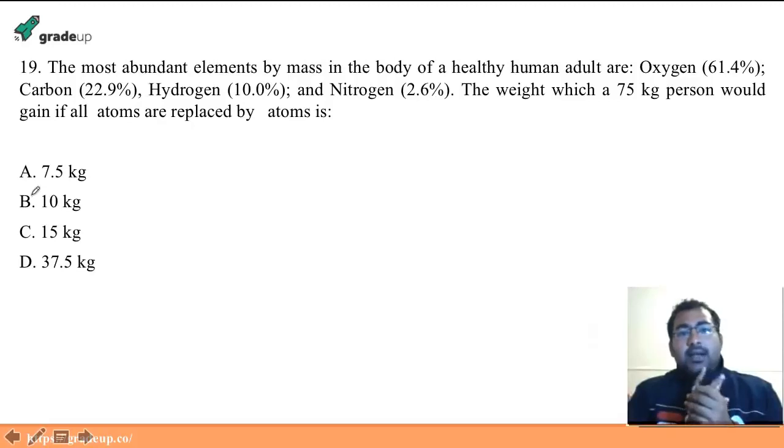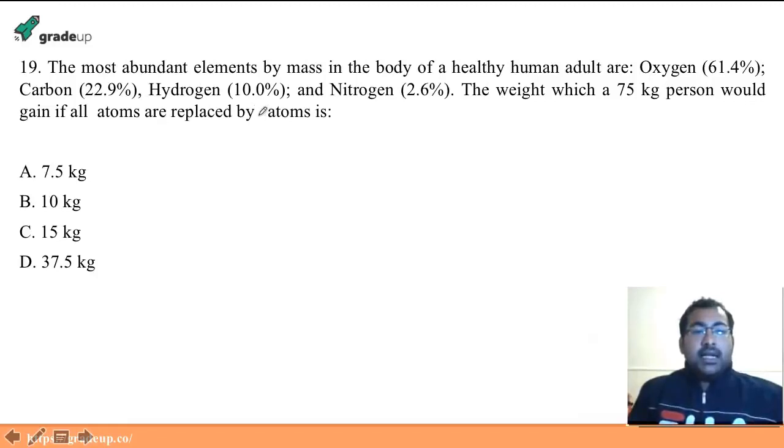The most abundant elements by mass in the body of a healthy human adult are oxygen 61.4%, carbon 22.9%, hydrogen 10%, nitrogen 2.6%. The question asks about the weight a 70 kg person would gain if all hydrogen atoms are replaced by deuterium.